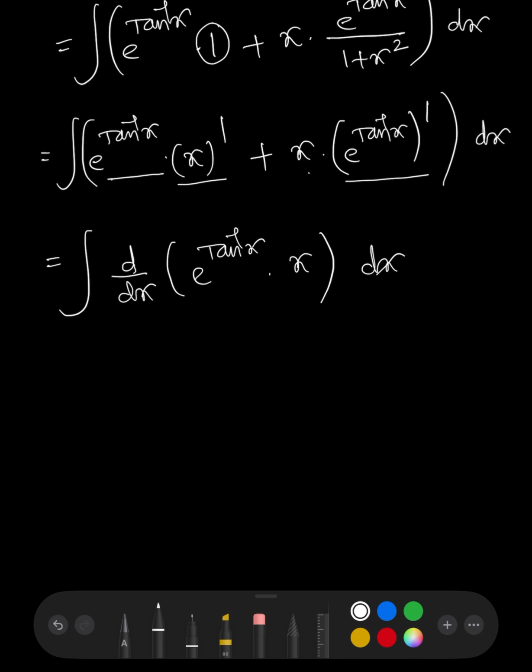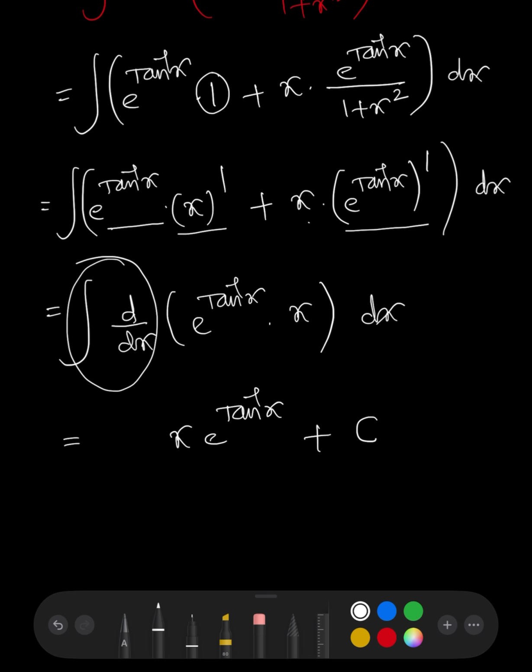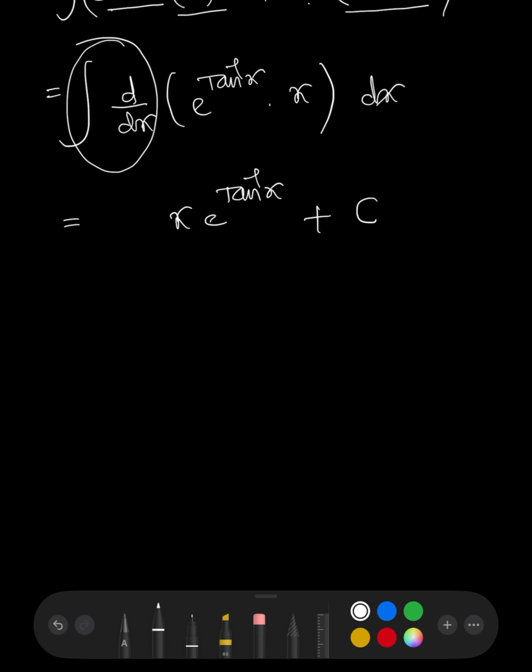So here clearly integration and differentiation will eliminate each other because of the reverse process. So finally what we will get is x into e power tan inverse x plus c. It's a very important model. Observe carefully, right?